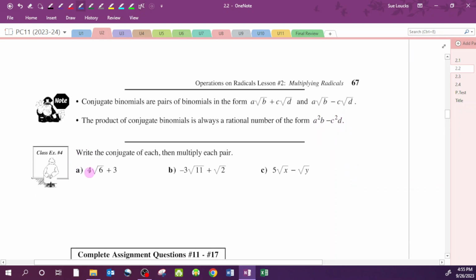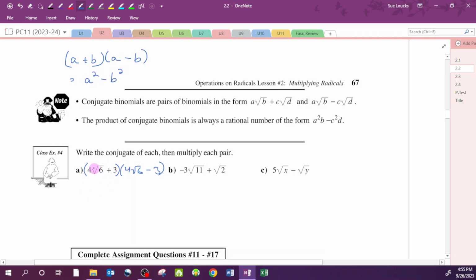So we've got 4 root 6 plus 3. I'm going to multiply that by 4 root 6 minus 3. And I can multiply the whole thing out, or I can do my shortcut, which is it's like the difference of squares, right? A plus b times a minus b equals a squared minus b squared.